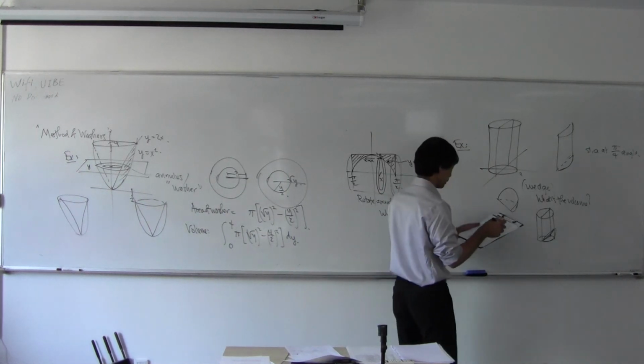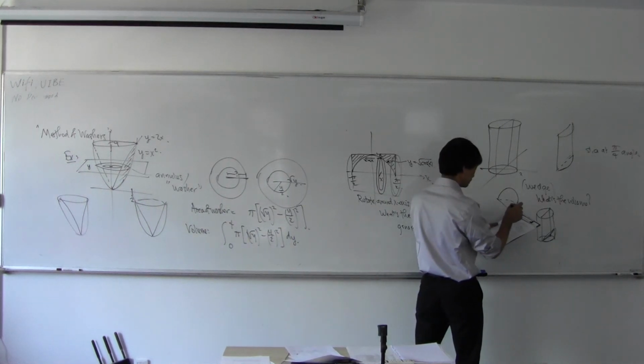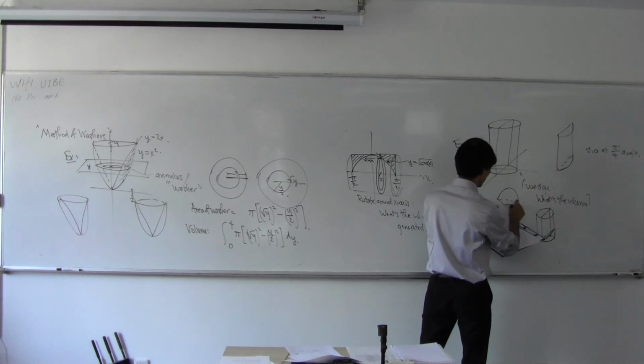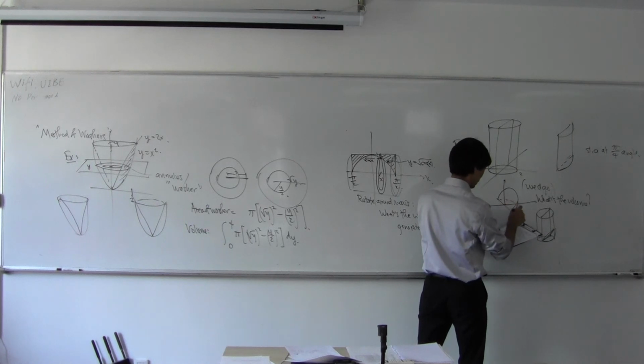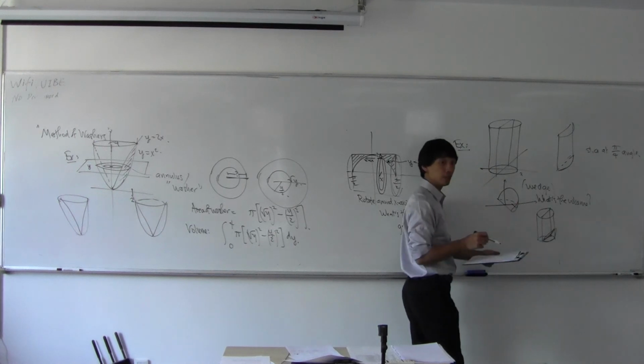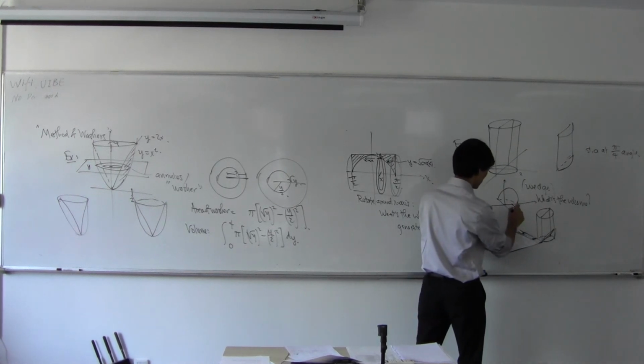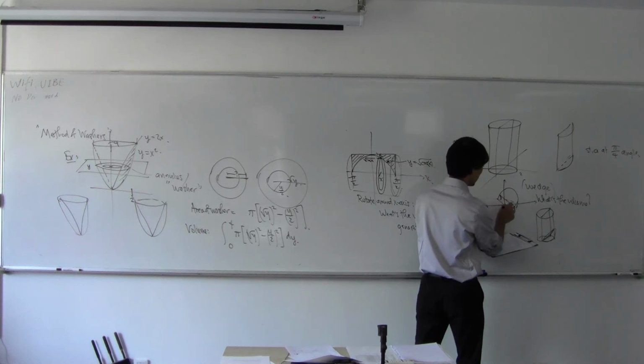Let me say it like this: if we slice through the thing at x, what you end up with is actually a rectangle.